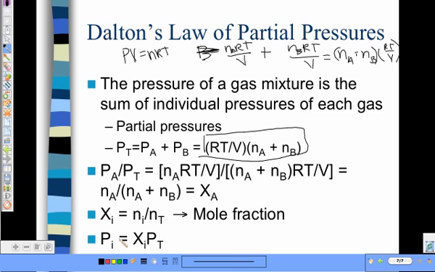Does that make sense? Kind of? Questions? You would find that. But you would use that number times the total pressure to get the partial pressure of that gas.